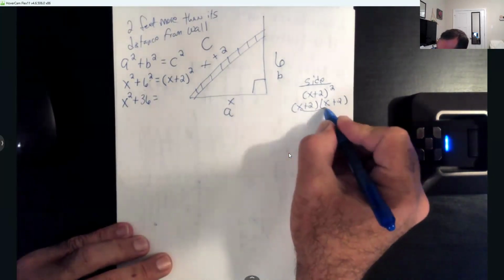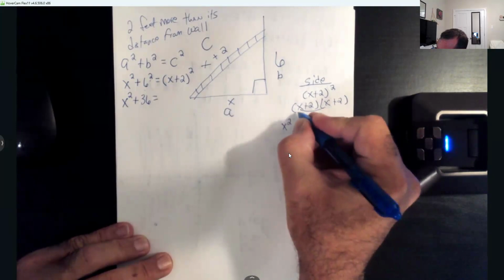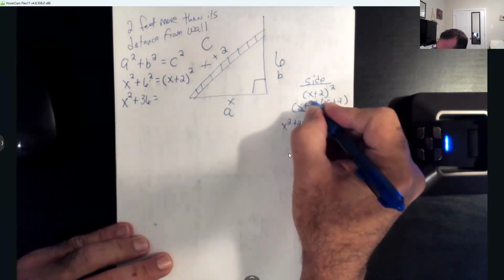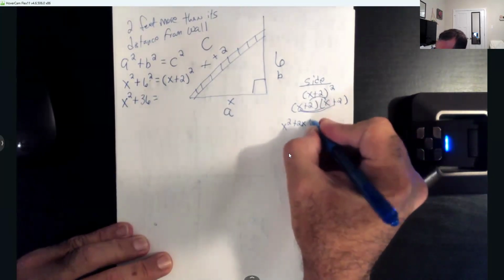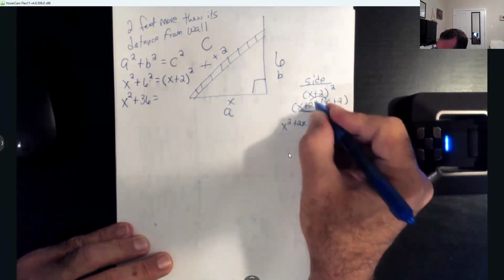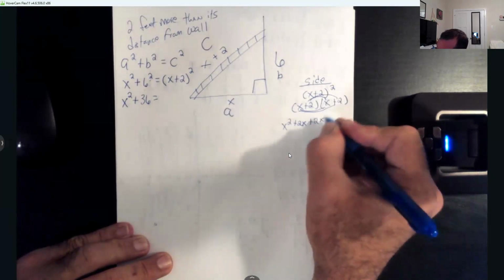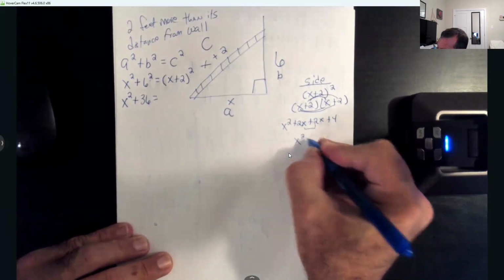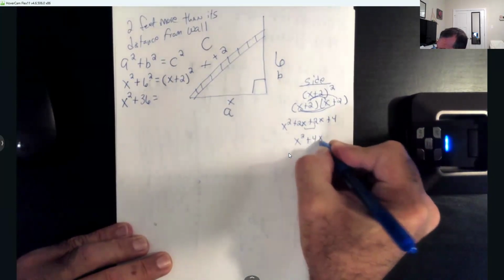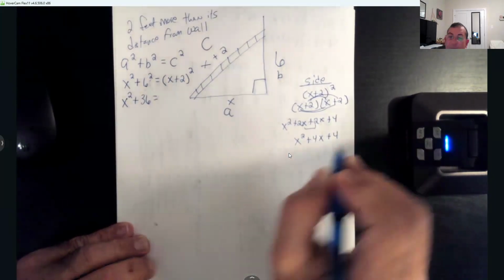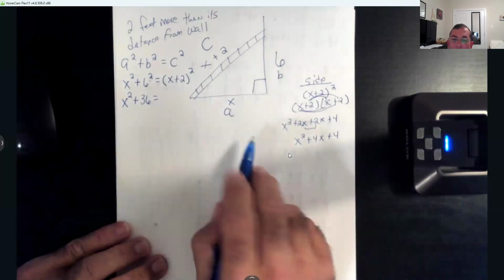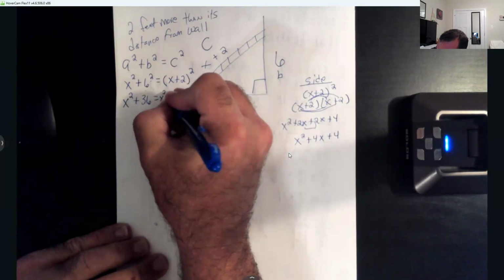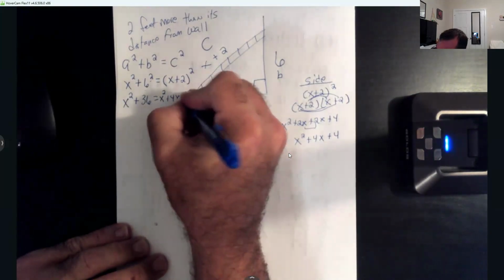So FOILing that, I get x squared plus 2x plus another 2x, and then plus 4. Adding like terms, you get x squared plus 4x plus 4. All right, so I'm gonna put that on the right side. X squared plus 4x plus 4.